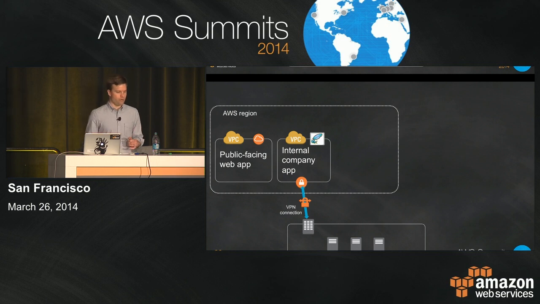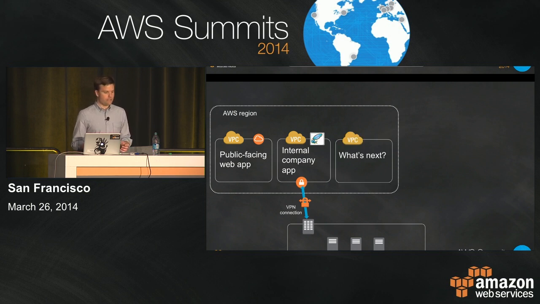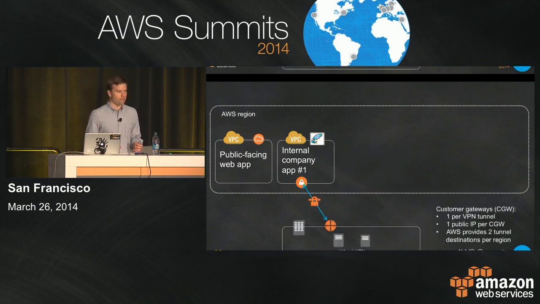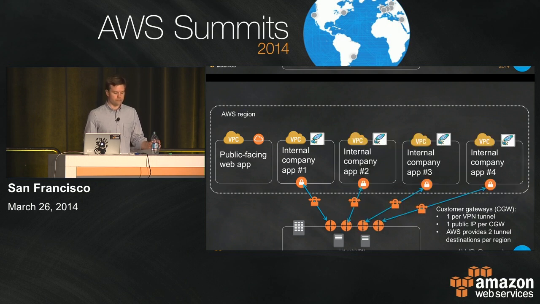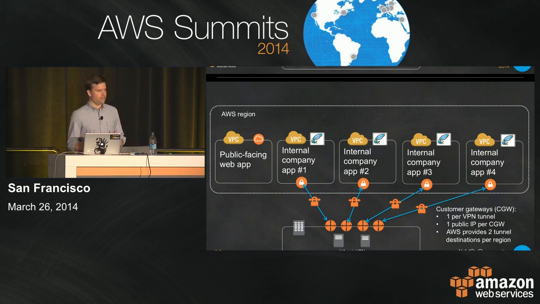So back to where we were with our VPC evolution. So in the region, we have now the two VPCs, the internal company app and the public-facing web app. The internal app is obviously connected to your data center back home. But it turns out that this internal app is quite popular. So everyone wants one. And soon you find yourself creating more and more VPN tunnels, more and more customer gateways.